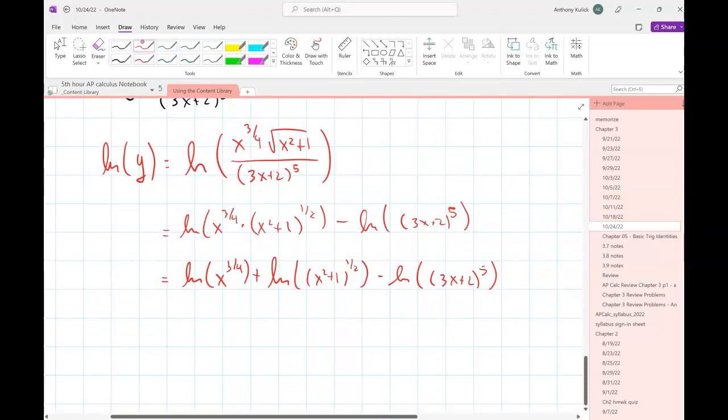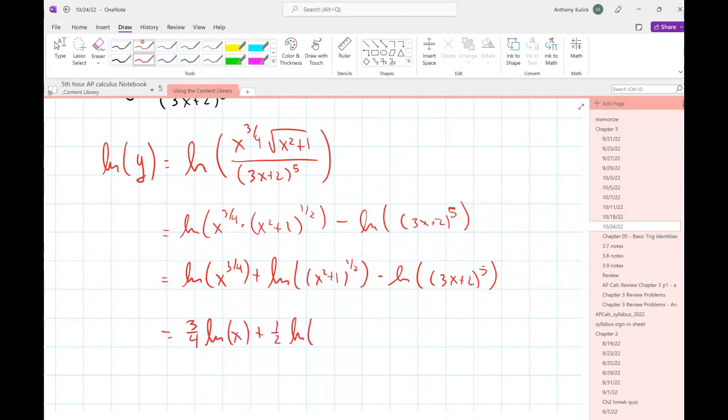And then I can use the power property to move those exponents to the coefficient outside the logarithms. So far, so good.